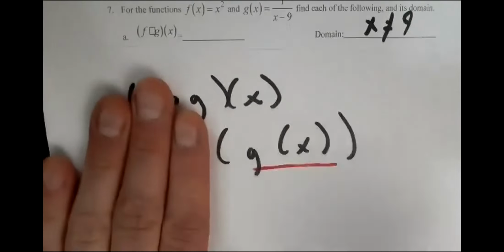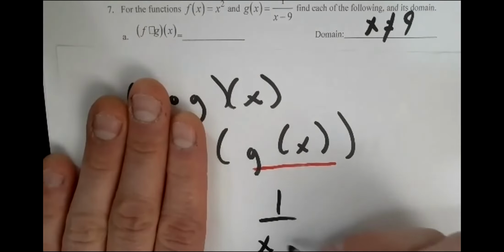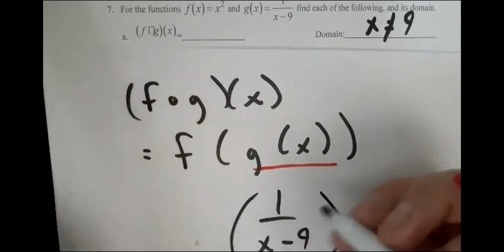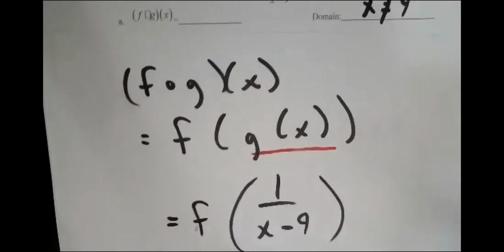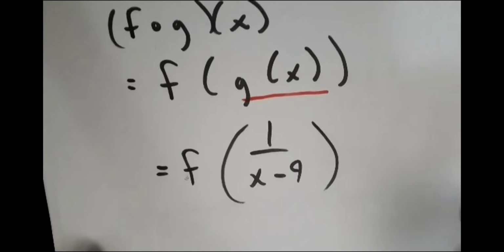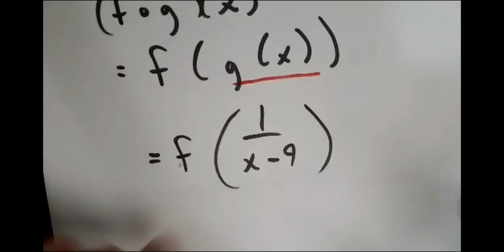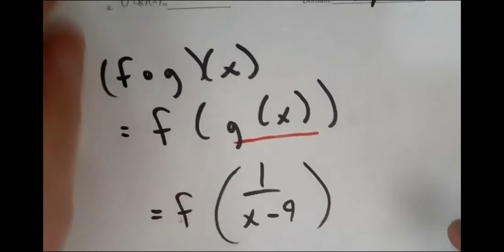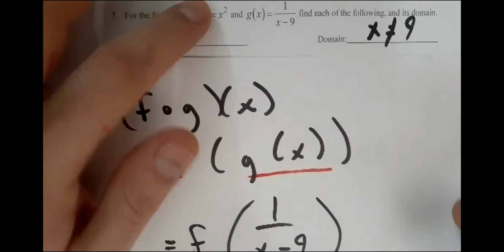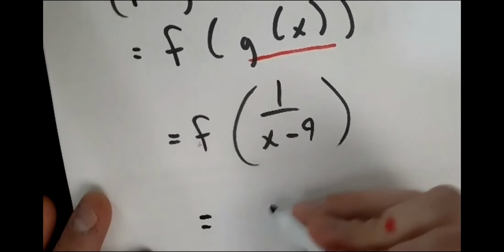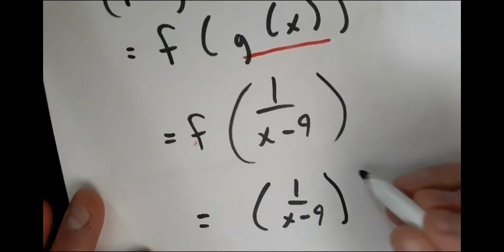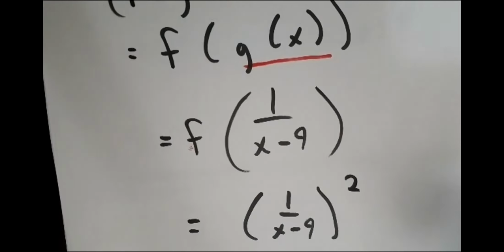My g of x looks like 1 over x minus 9. That takes care of my g of x. Now I have this thing that looks like 1 over x minus 9. F of x is I take that thing and I square it. So I take 1 over x minus 9 and I square it.